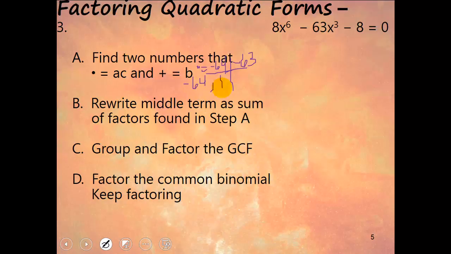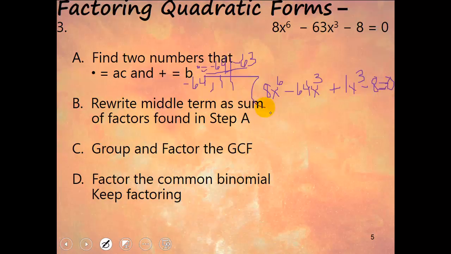So I'm going to rewrite my middle term. So now I have 8x to the 6th minus 64x cubed plus 1x cubed minus 8 still equals 0, okay?